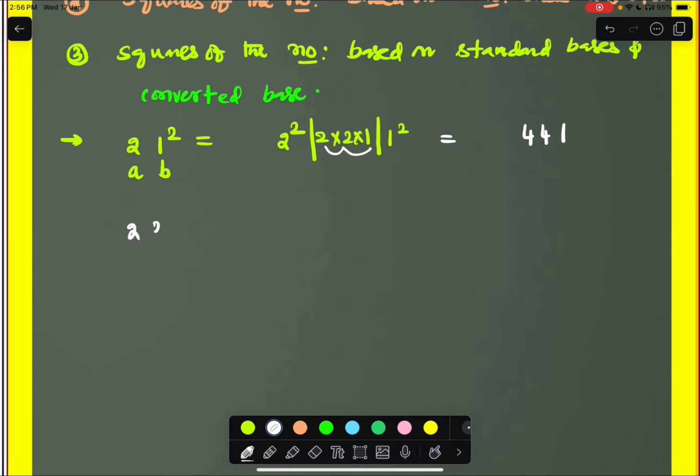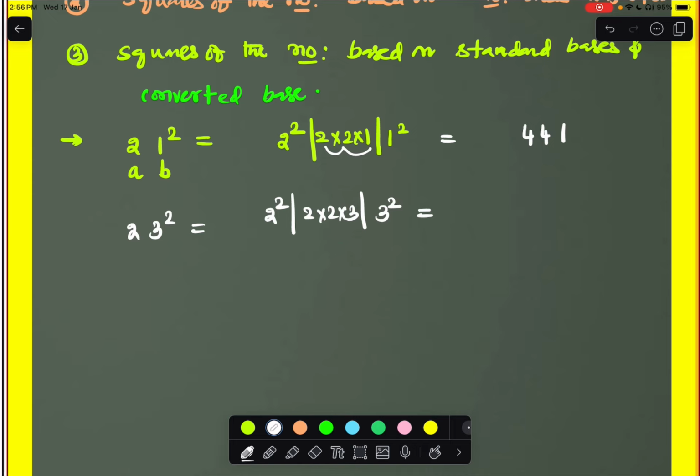Suppose I want to calculate 23 square. Here also the same thing: first the unit digit value, so I'm writing the 3 square value, the b square. Then the 2ab value, 2 into 2 into 3. Next the a square value, 2 square.